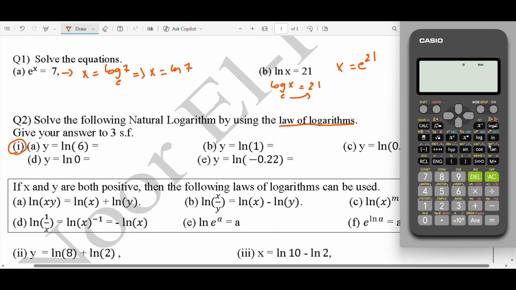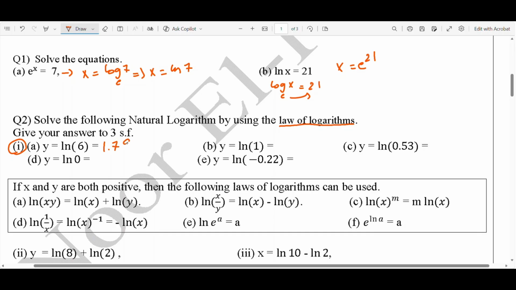So let's start. ln 6 equals, I'm going to get a positive answer. To three significant figures, it will be 1.79.